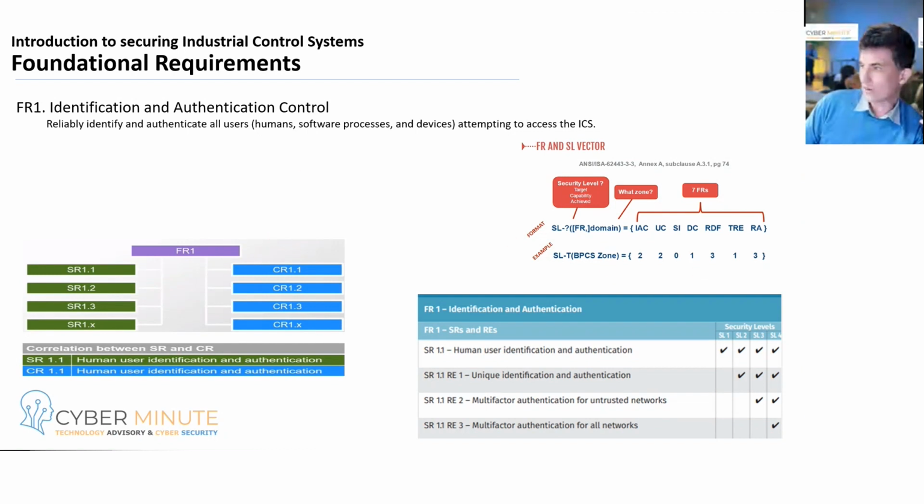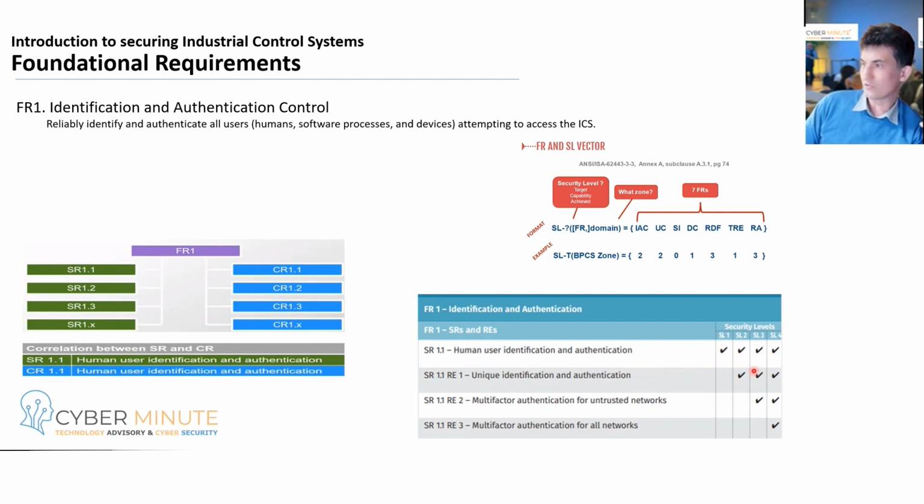Once we have defined these security levels, which we talked about earlier, for each foundational requirement, we will find a very specific, very straightforward, I would say, number of technical or other controls to implement. For example, this control is human user identification and authentication. It simply says the basic control applies to all security levels.